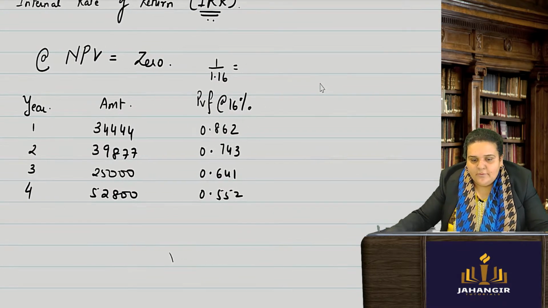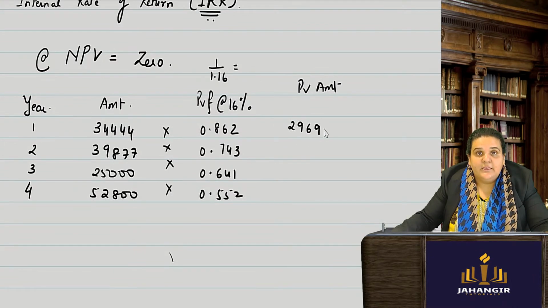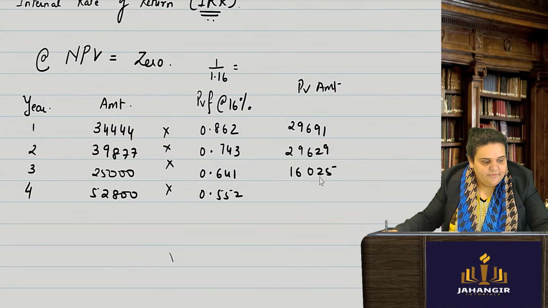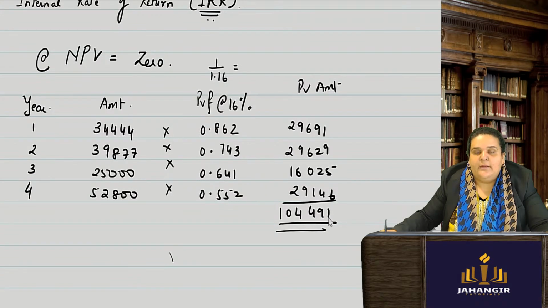Then I multiply to get the PV inflow amounts. When you calculate, this will be 29,691, then 29,629, 16,025 and 29,146. So the PV inflow coming is 1,04,491.